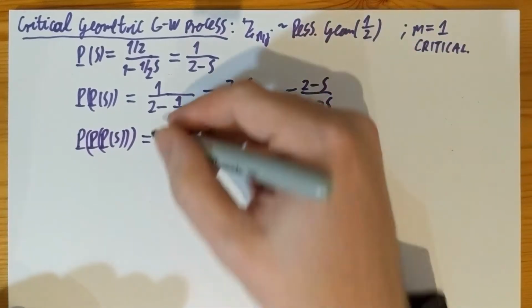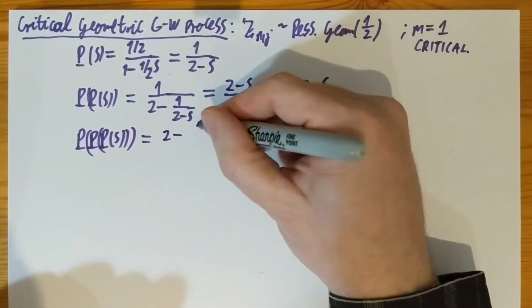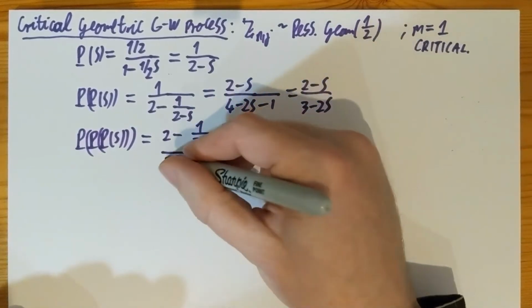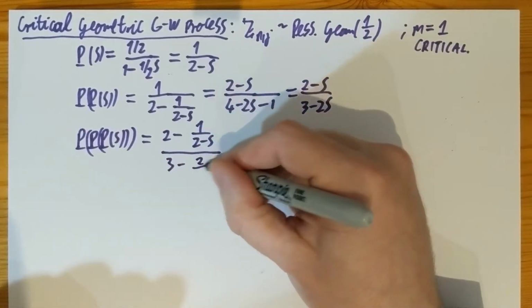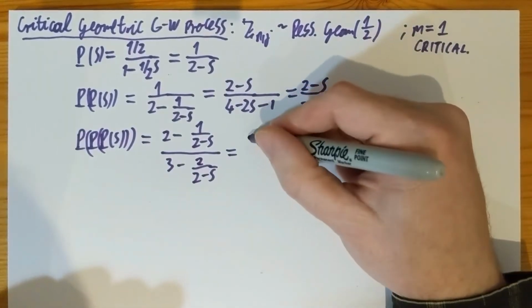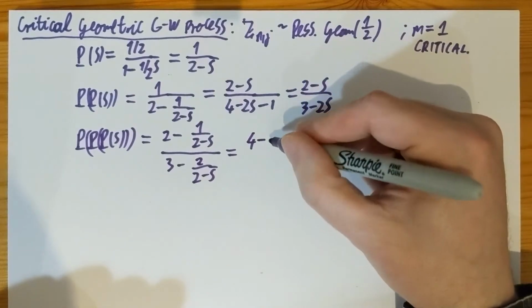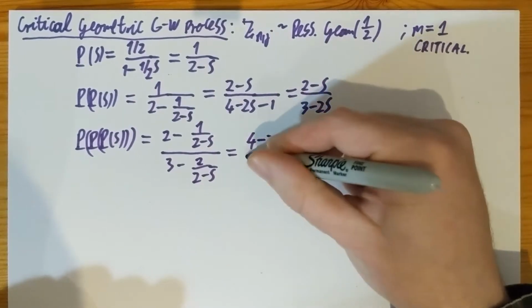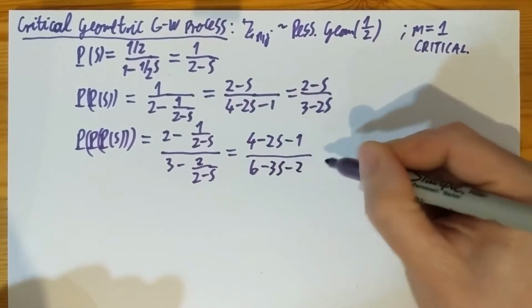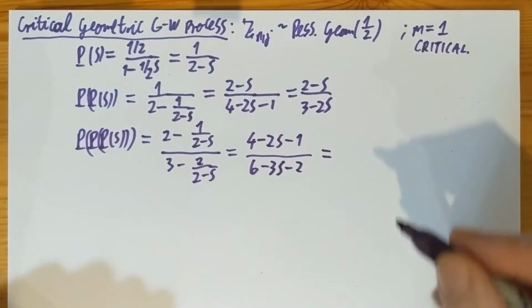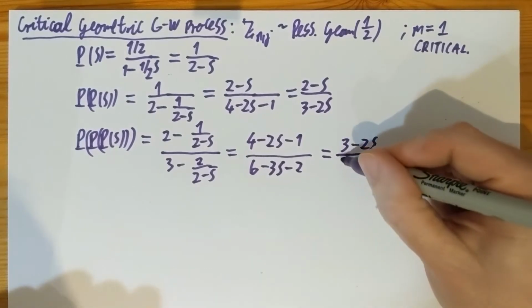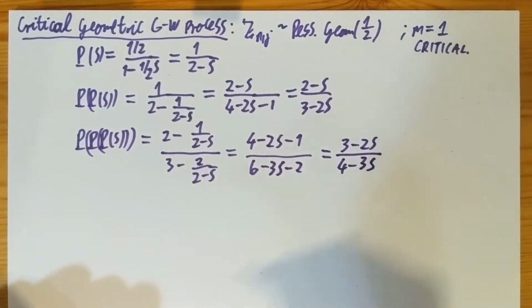Take this function and plug in, instead of S, the original generating function 1 over 2 minus S. Let's again multiply both numerator and denominator by 2 minus S. I have 4 minus 2s minus 1. I have 6 minus 3s minus 2. So in total I get 3 minus 2s over 4 minus 3s.